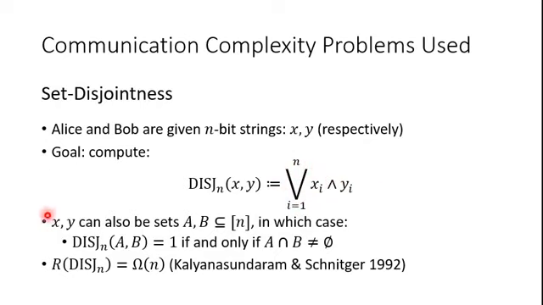X and Y, we will sometimes treat as sets, subsets of indices from 1 through n. And in this case, we will say that DISJ_n of A, B is 1 if and only if the intersection is not empty. Okay, so we'll sometimes treat it as sets. From the literature, we have that the communication cost of DISJ_n is Omega(n). Okay, so we'll be using this relationship.